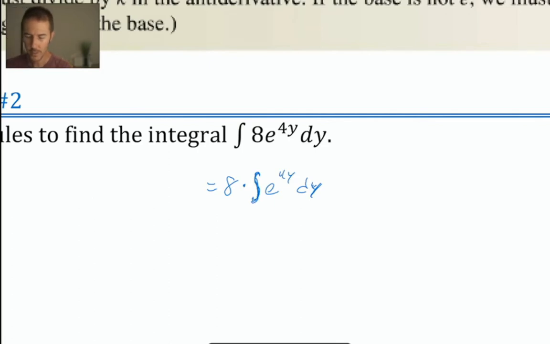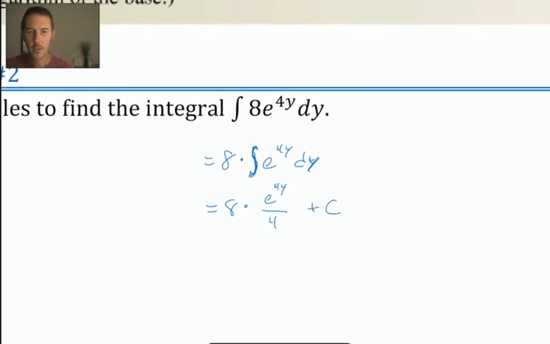Now the integral of e to the, it was presented as kx. Here it's ky. It's a constant value times our variable. So let's keep the 8 out front. Now the integral of e to the 4y is going to be e to the 4y divided by that constant value in the exponent position, which is the 4, and then don't forget your plus c at the very end.